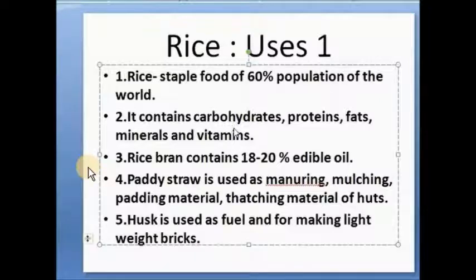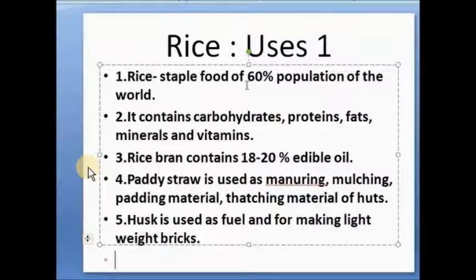So this is consumed in different forms. Rice is cooked or parboiled and then consumed, because rice has nutritive value. Rice grains contain carbohydrate on a large scale, some quantity of protein, fats are also available, and minerals and vitamins are also available. The bran of rice contains 18 to 20% edible oil.